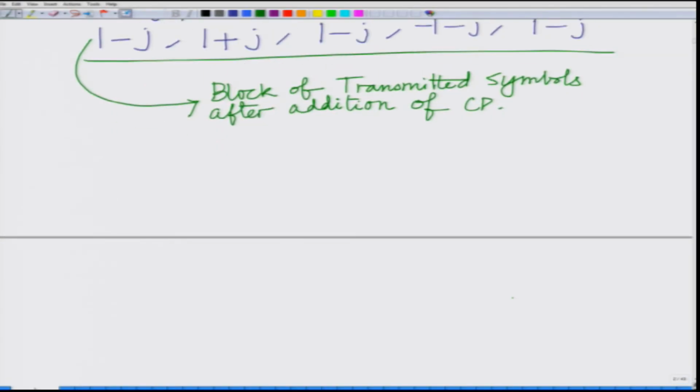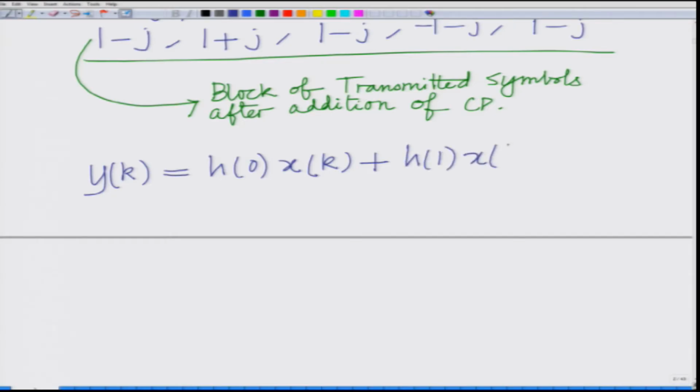Now let us again consider the 2 tap ISI channel. Remember, this is something we have considered many times before. Again, we are restricting ourselves to 2 taps to keep the example simple, although it can be readily extended to a scenario with many more taps, or in fact any general number of taps L. So, we are considering L equal to 2 taps.